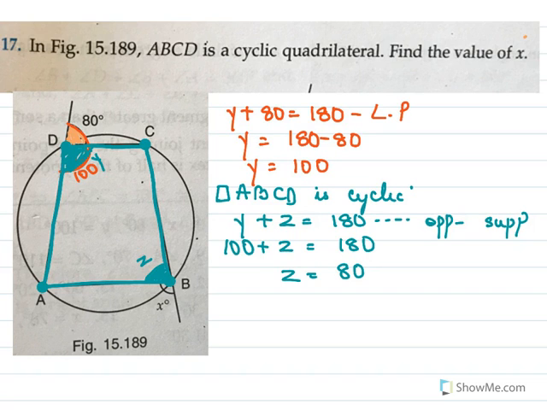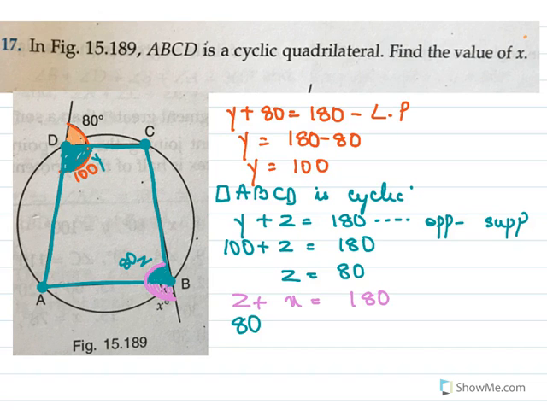Now next again we have linear pair, that is Z and X form a linear pair, which means now we said Z plus X is 180. The Z, we have already found Z as 80 earlier.